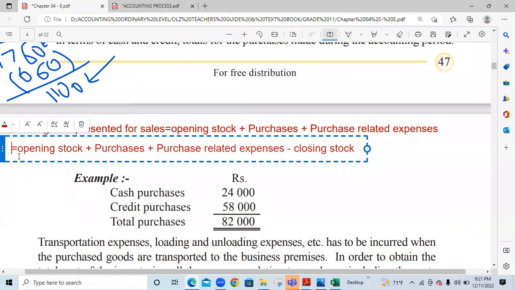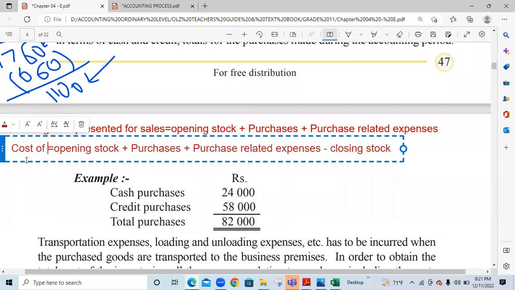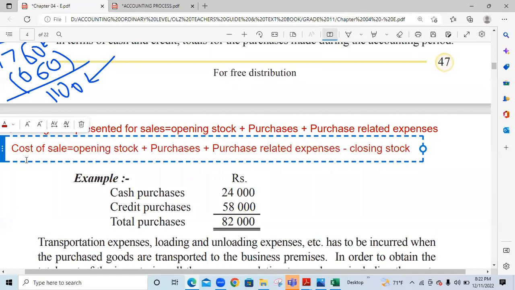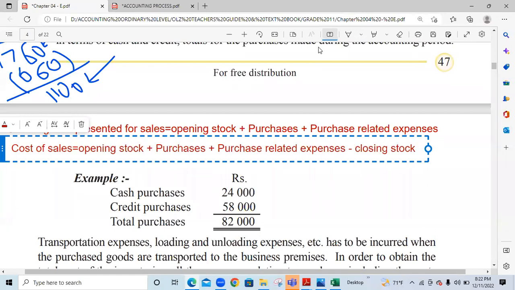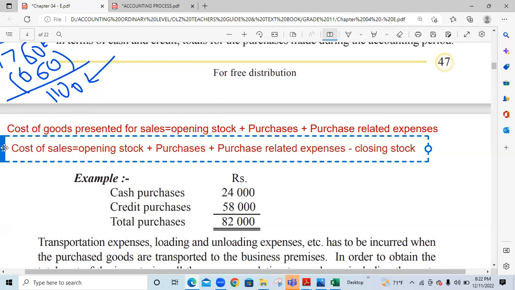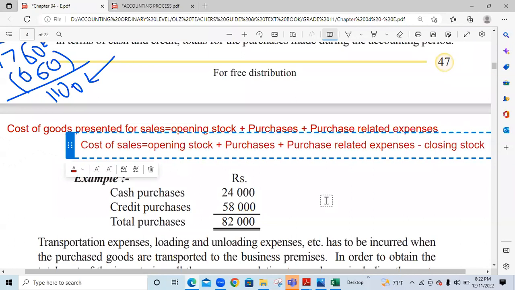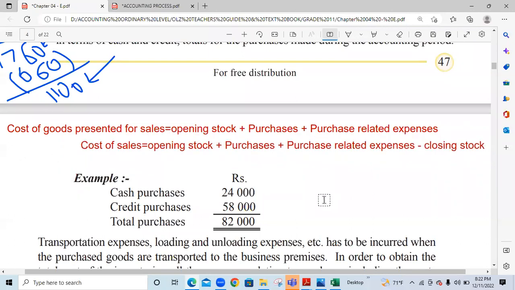After you deduct your closing stock, very good, guys, you will get cost of sales. Good job. After you deduct your closing stock, the value you get is what you call cost of sales. Before you deduct your closing stock, the value you get is what you call cost of goods presented for sale.